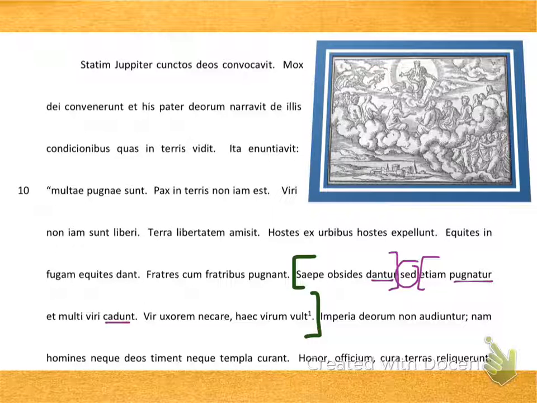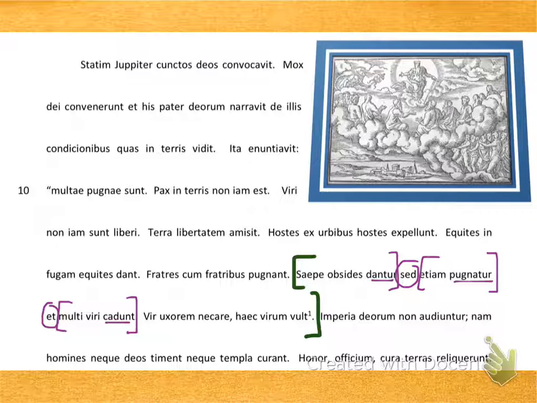Etiam begins the second clause, and it is my belief that it ends with pugnatur for the simple reason that pugnatur is followed by the word et, a conjunction meaning and, and then we have another group of words with the third verb. So multi viri cadunt is the last clause in this sentence. The clauses are not long, but the phrasing is unusual to us in English.